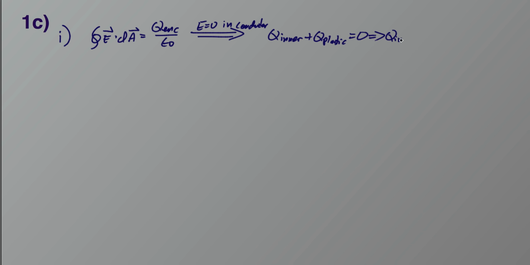Therefore, our charge on that inner surface must be equal to the opposite of the charge in our plastic sphere. Therefore, the charge on the inner surface of that conducting spherical shell must be equal to minus pi beta a to the 4th.